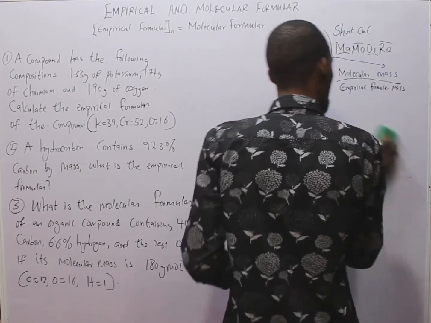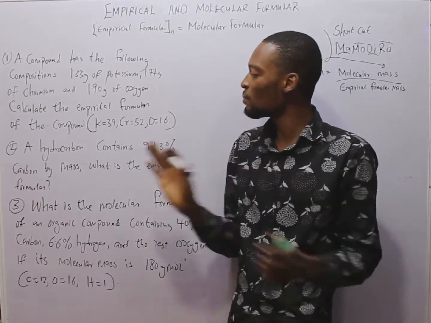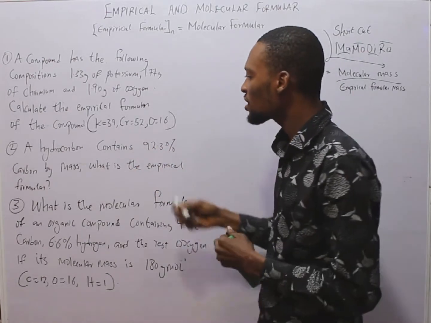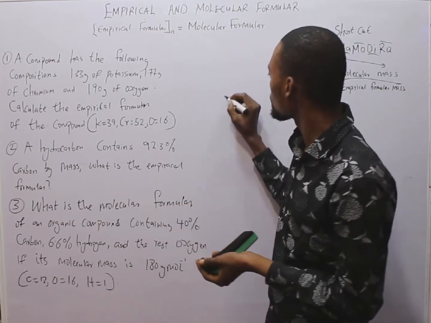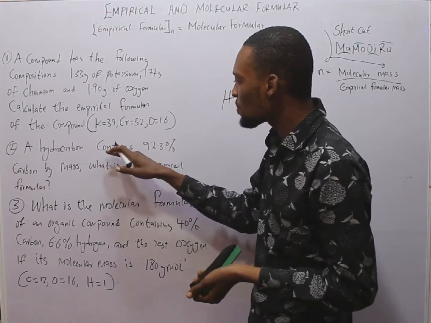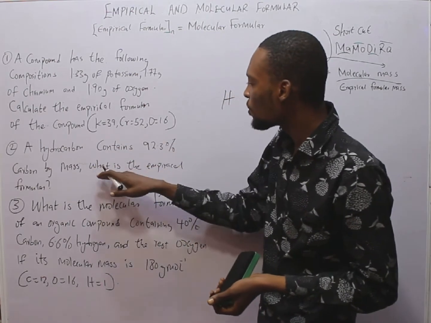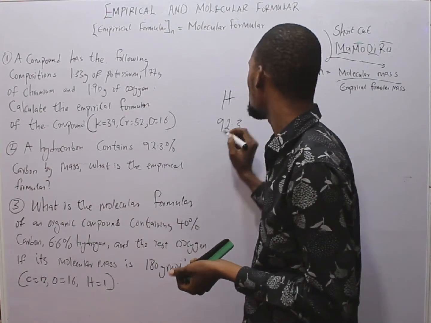What is a hydrocarbon? A hydrocarbon is any compound that contains hydrogen and carbon alone. So they've already told us about carbon, which means the other one is hydrogen. The percentage by mass of carbon is 92.3.